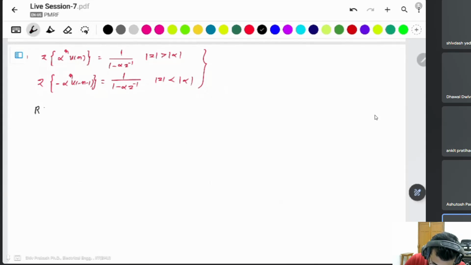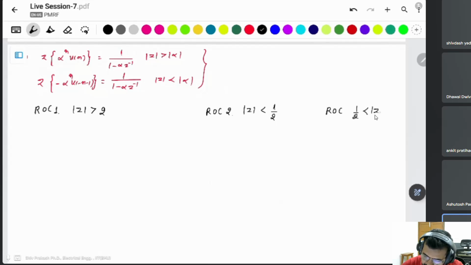First condition, the ROC is mod of z greater than 2. Second, the ROC is mod of z less than half. Third, the ROC lies between half and 2.